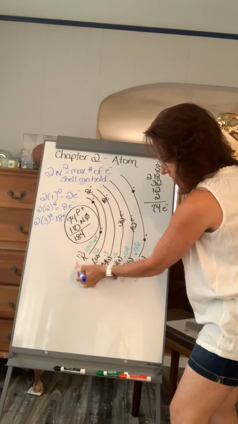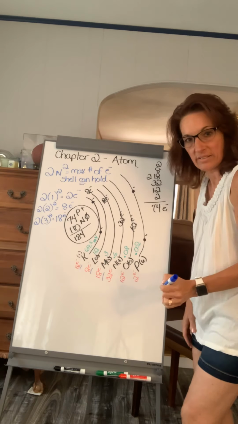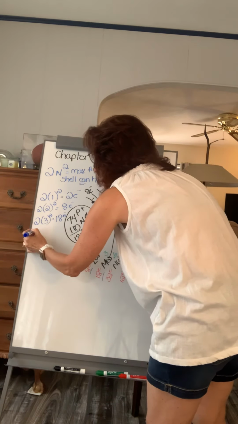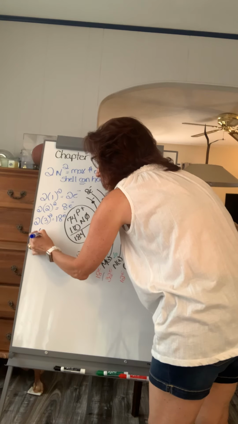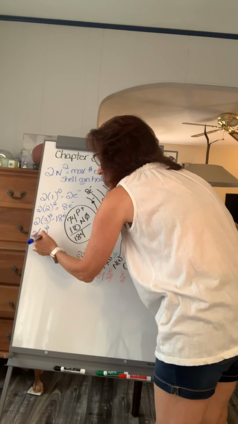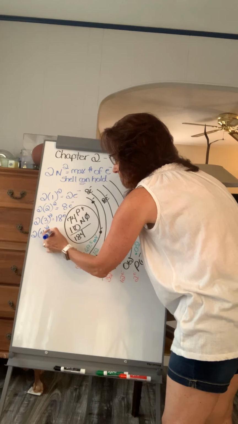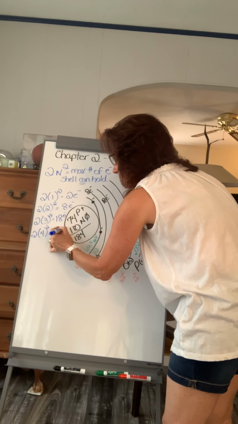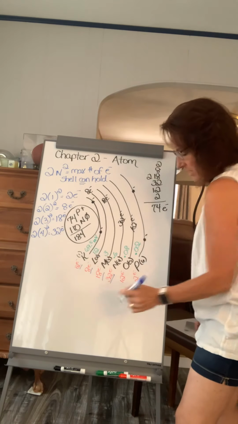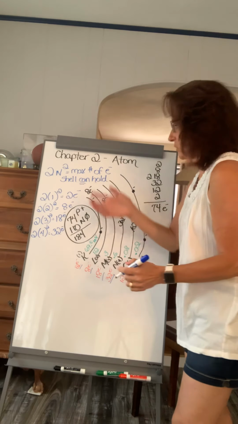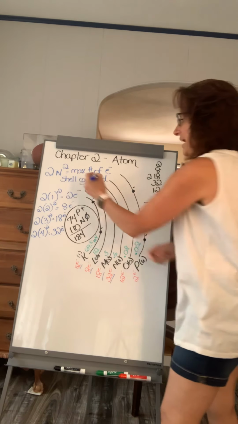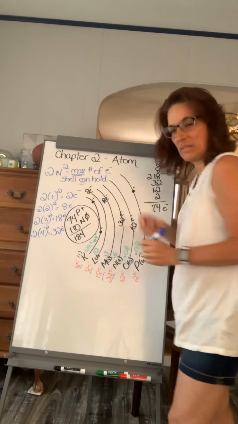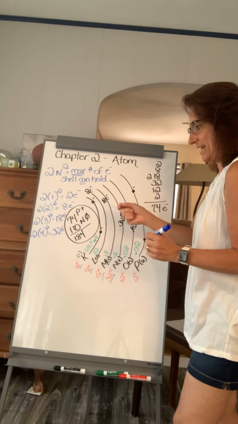So far, we're holding true, correct? No, that's the maximum number. 4 squared is 16 times 2 is 32 electrons. Yep. Now, here's where it's going to switch up, only because this is the maximum number. Doesn't mean it will. It's the maximum that it can hold.